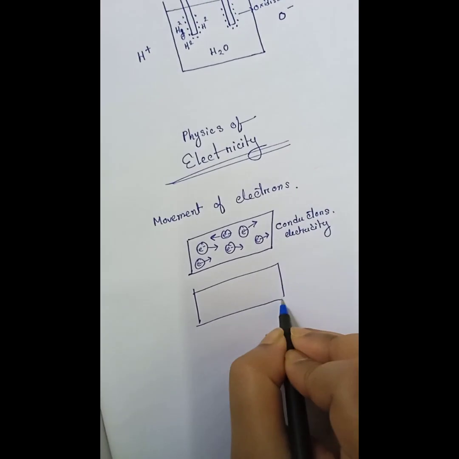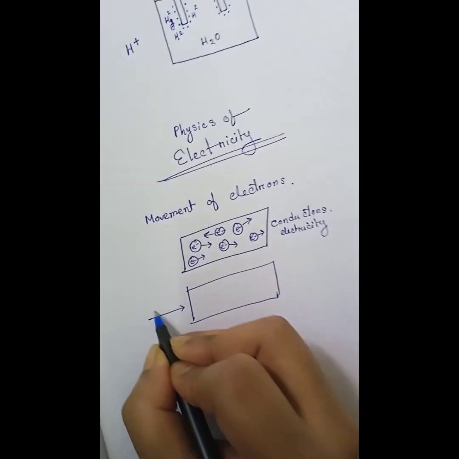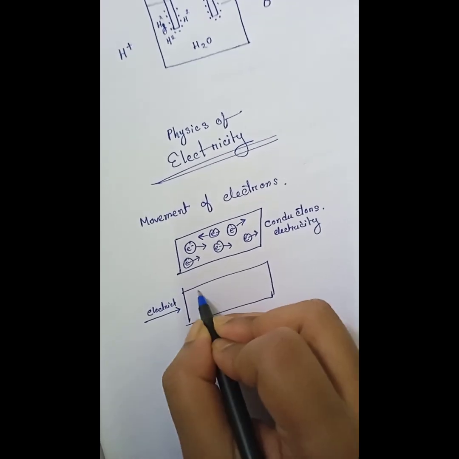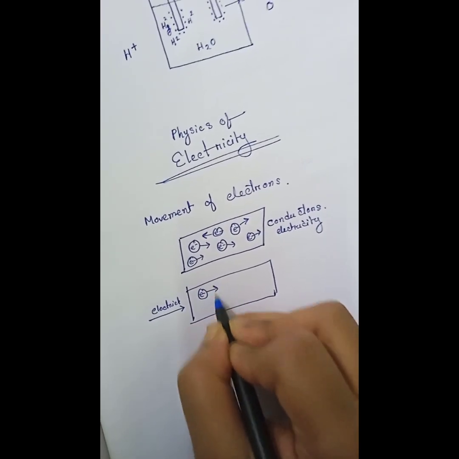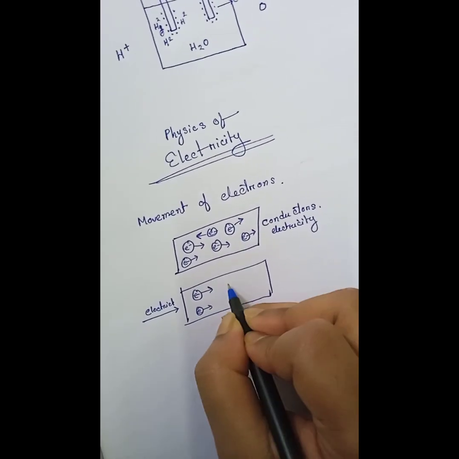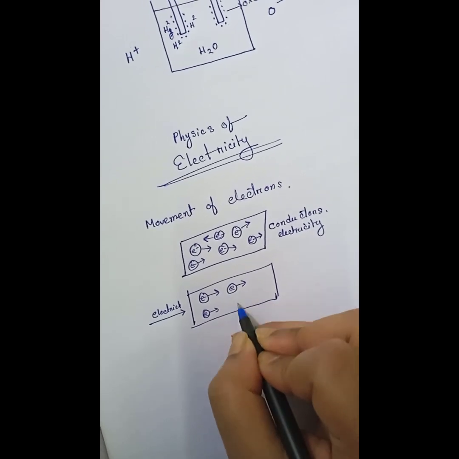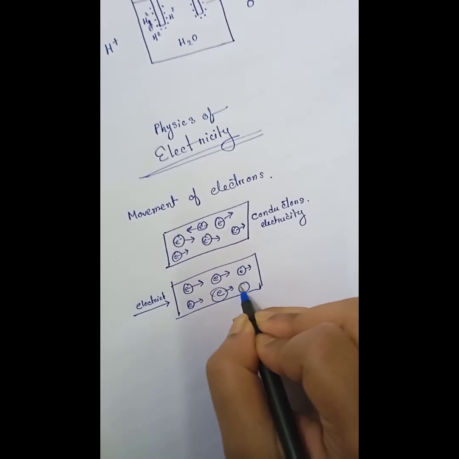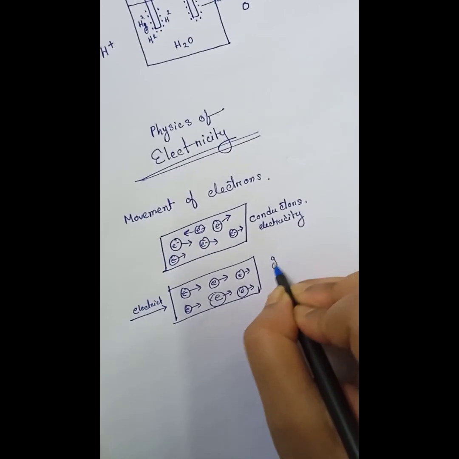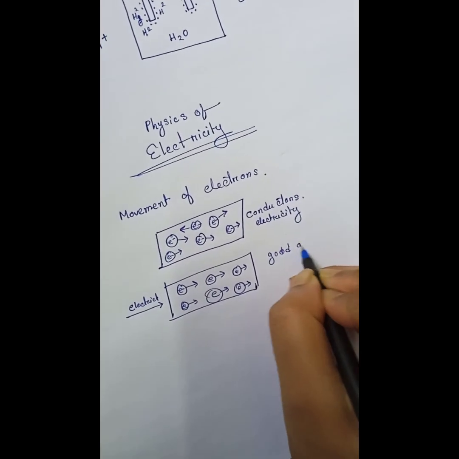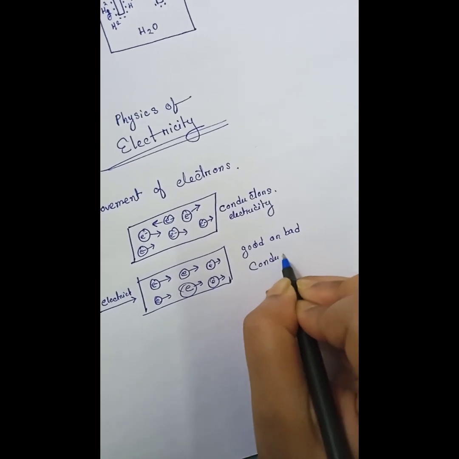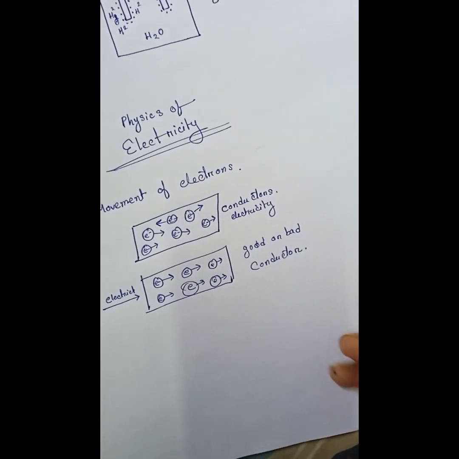Here we took a conductor again. We are applying an electric charge to the conductor. The electrons will take a specific direction to move. That makes a conductor good or bad. Whereas in the insulator, there may not be free electrons, and the electrons may not move in any direction. There may not be any flow of electrons.